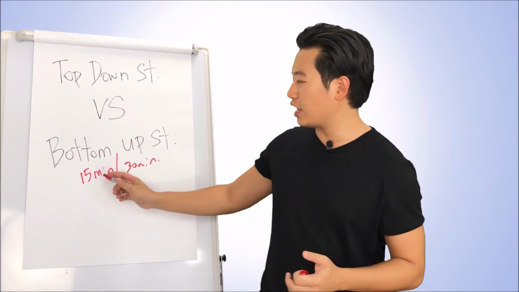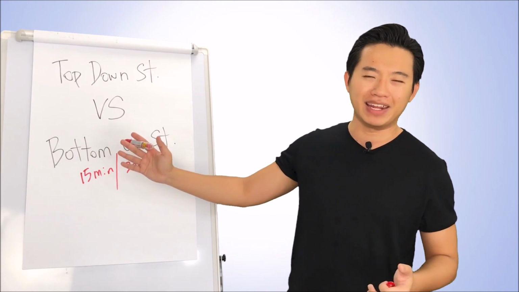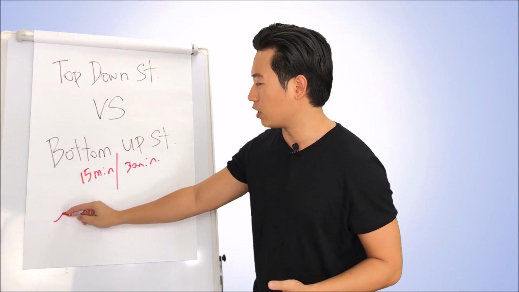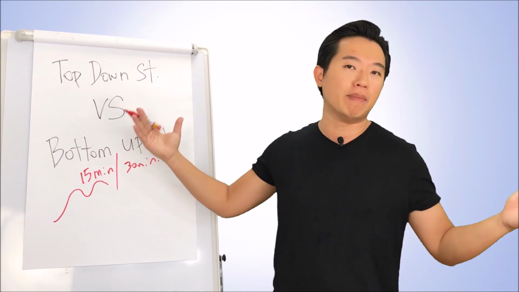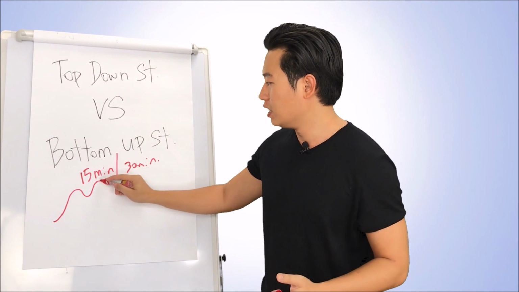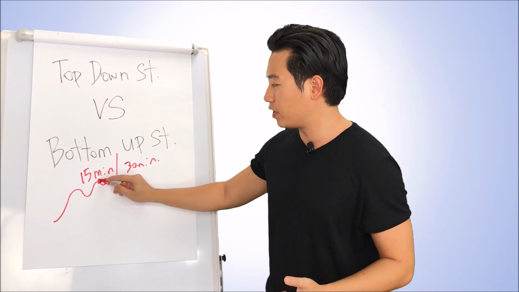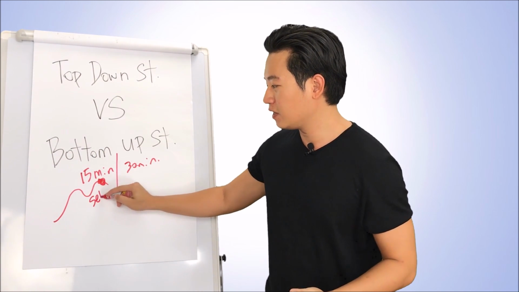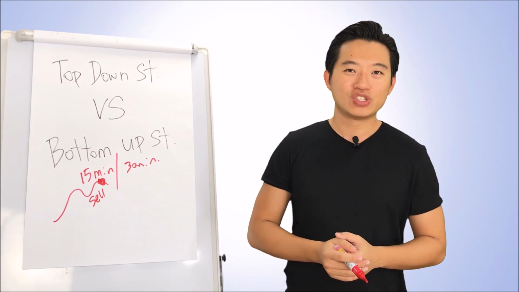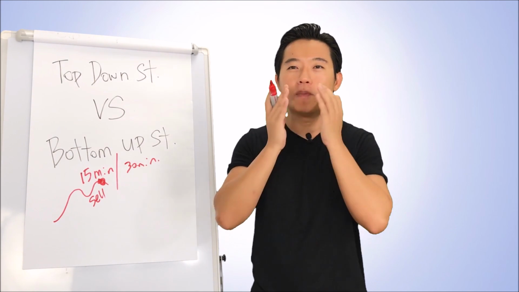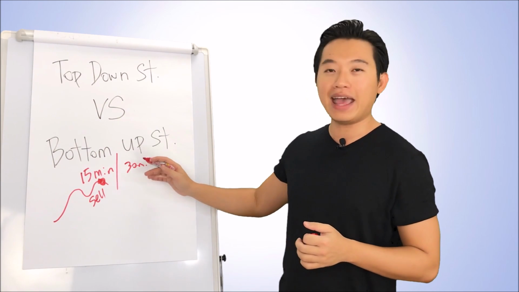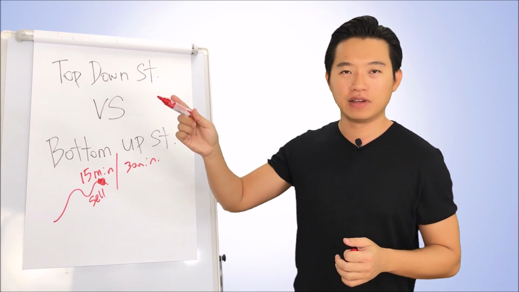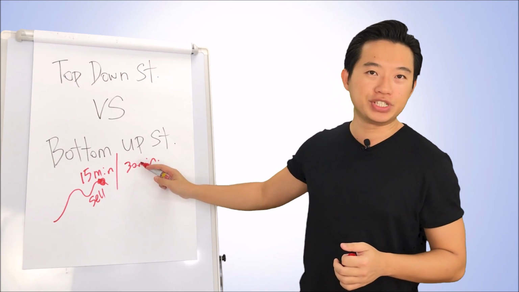Let's say you spotted a double top setup on the 15 minute, which you deem that, hey, you want to go for a sell. If you want to play safe, then it will be a good idea to look at the next time frame up, which is the 30 minute.